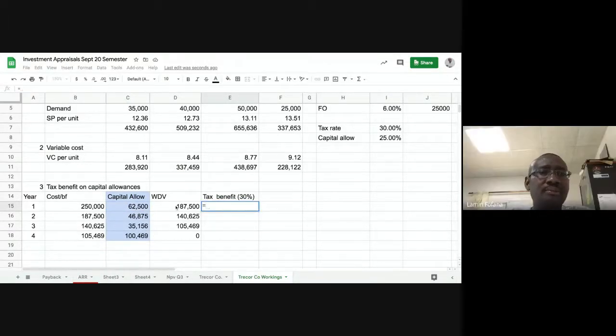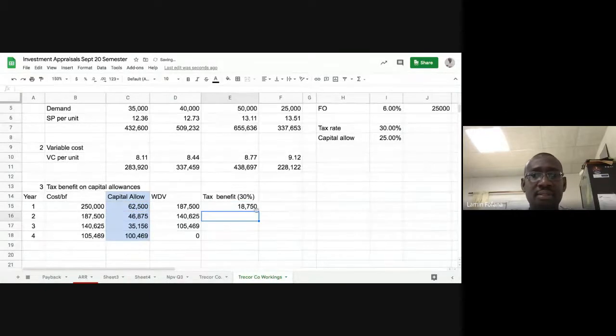We say equals the capital allowance multiplied by the tax rate of 30%, and we make it fixed, we enter. Then we have this.